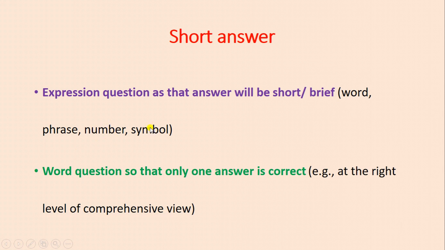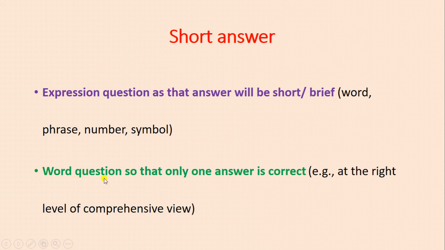The answer the students have to supply may be in the form of a word, a phrase, a number, or a symbol. According to the question, they will answer, but we have to express the question in such a way that the answer will be short and brief. If the answer is short and brief, then this is a short answer question.